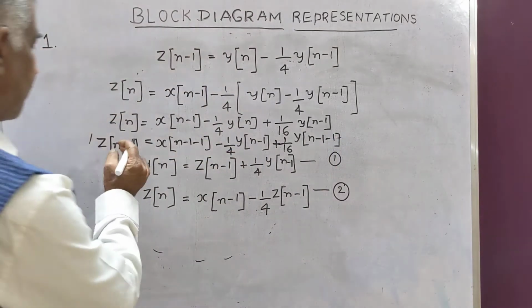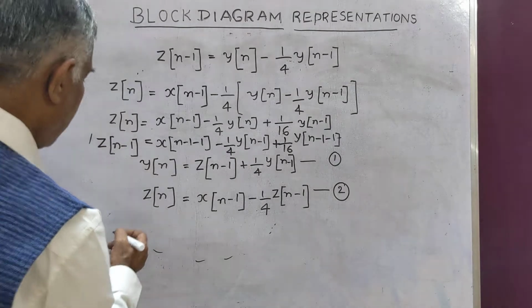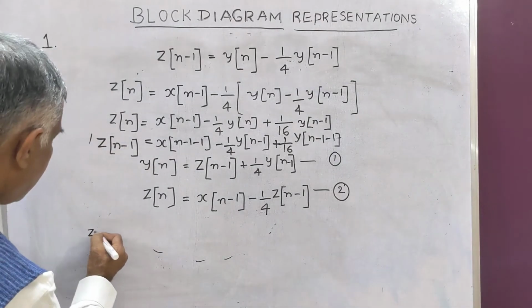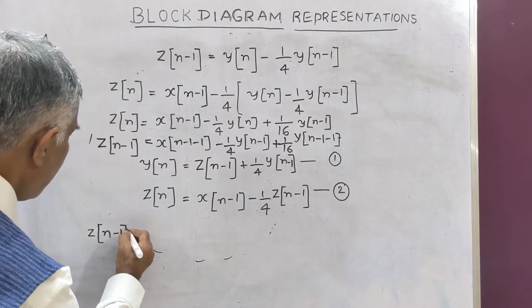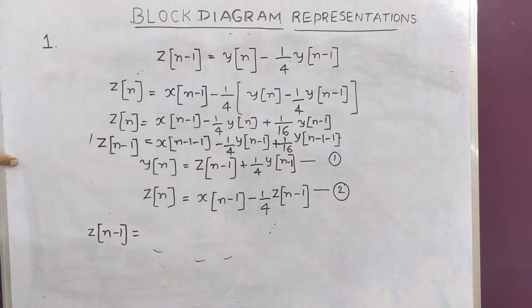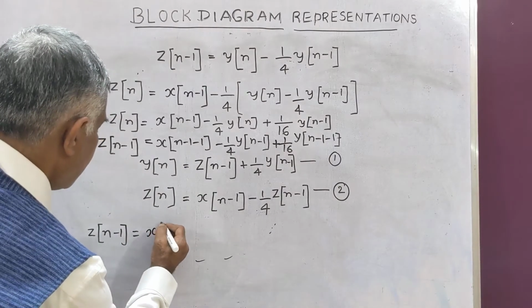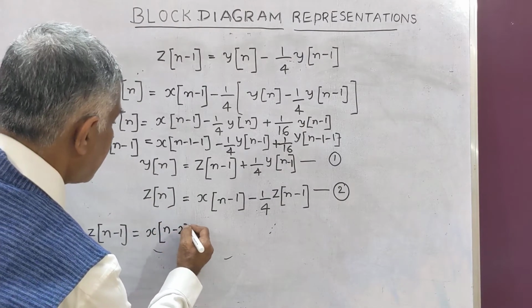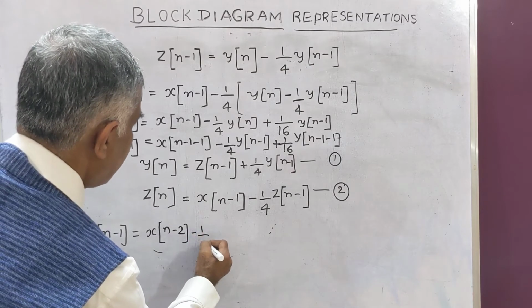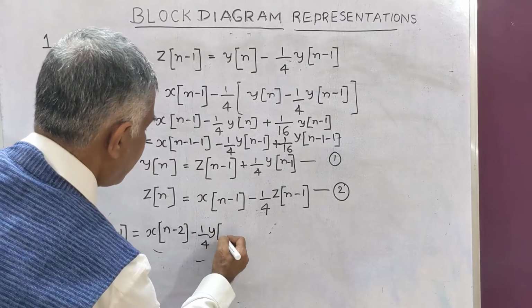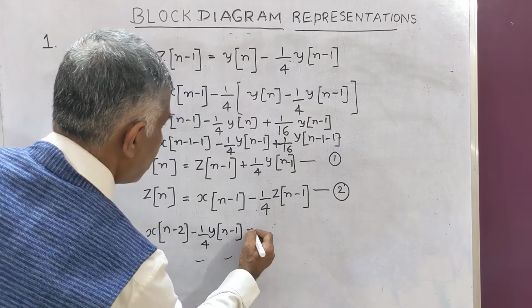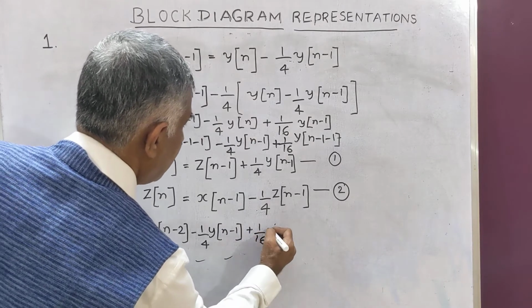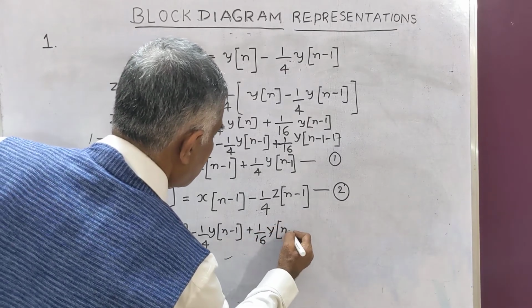Therefore z of n minus 1 is equal to x of n minus 2 minus 1 by 4 y of n minus 1 plus 1 by 16 y of n minus 2.